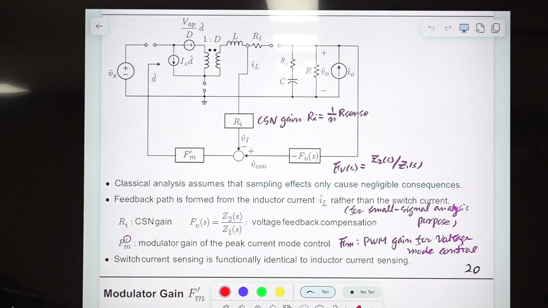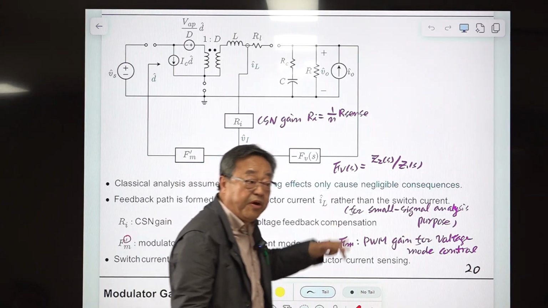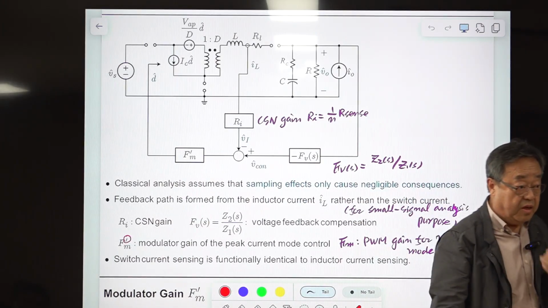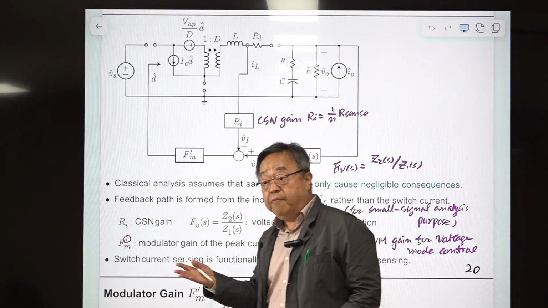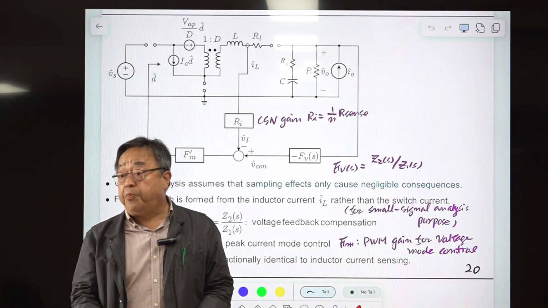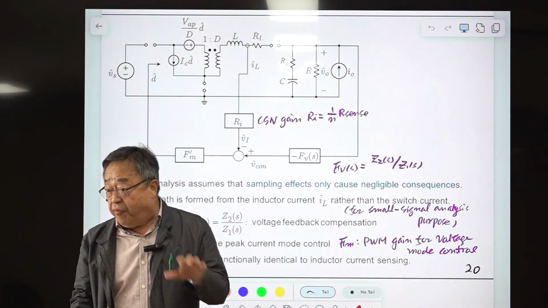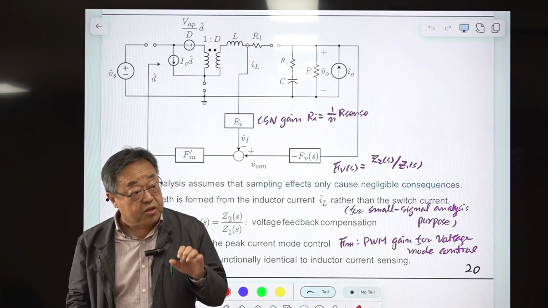And the term classical analysis is this one. In this classical analysis and the design, we assume the sampling effect is very small, negligible, okay. I briefly introduced the sampling effect of the current mode control or sampling effect of the PWM modulator. At that time, I said for the voltage mode control, that effect is very small and can be ignored.